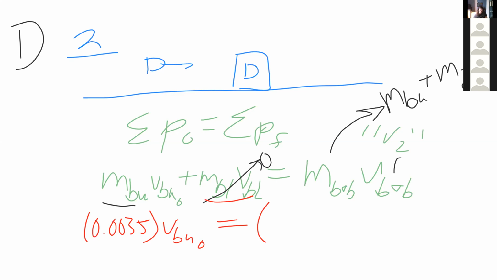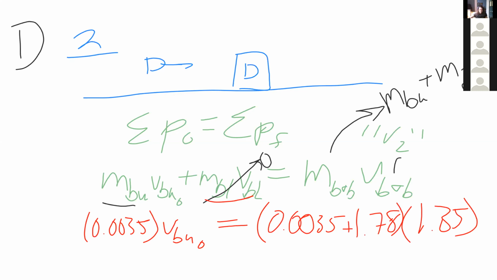My bullet has a mass of 0.0035, and then the mass of block 2 for my problem happens to be 1.78 kilograms. And then we will be given the speed of the combined bullet-block system. In my problem, that's 1.35.